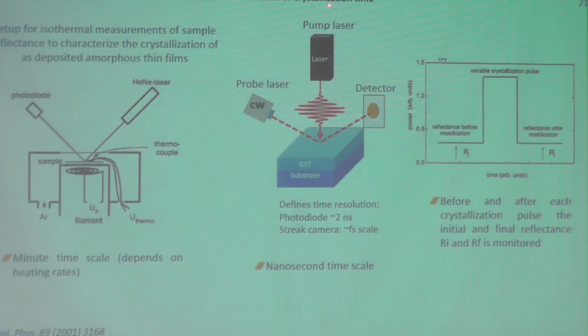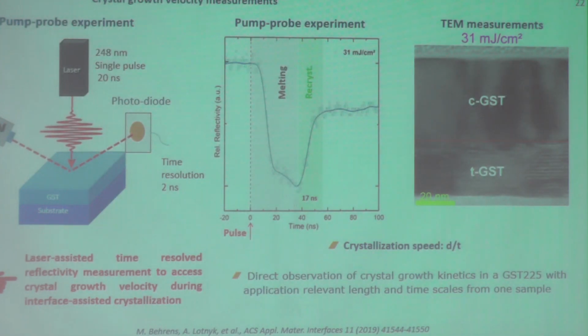So how is this setup working? Here, if you have a material with low reflectivity, then if you apply a crystallization pulse, the reflectivity changes. You can see it with your detector, and then if you make crystallization, you can also see the changes. This slide shows maybe more insights into how it's working.